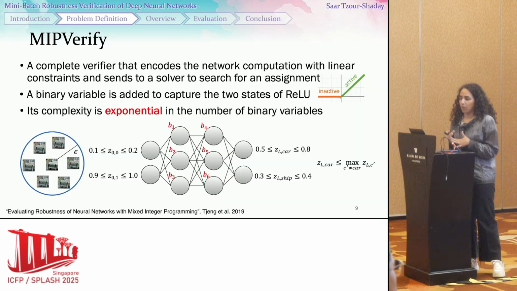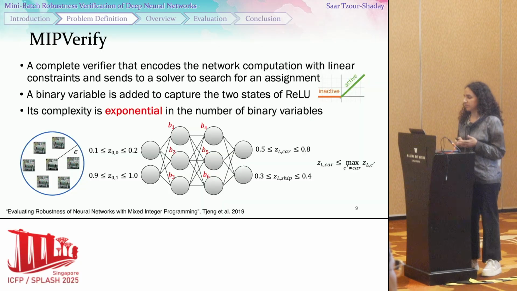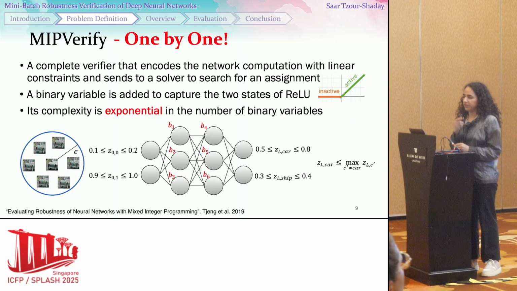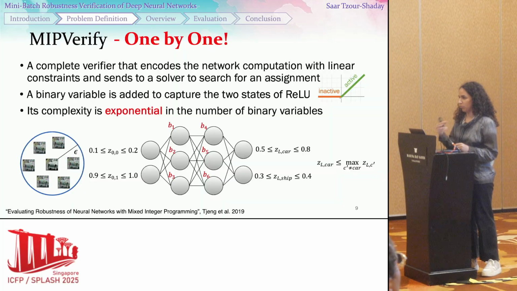And therefore, the complexity of MIPVerify is exponential in the number of binary variables. And remember, this verifier can only be applied to one neighborhood at a time. And every neighborhood runtime is exponential, so it's not very efficient.